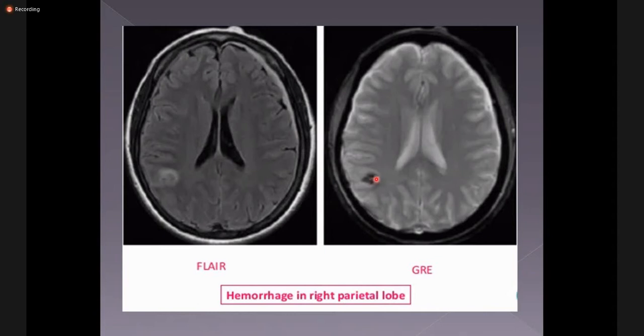Dropout of signal means it appears black on the gradient echo, meaning there is a hemorrhage in this part of the tumor, lesion, or pathology. On the gradient echo, the hematoma shows dropout of signal, appearing black if there is a hemorrhage within it.